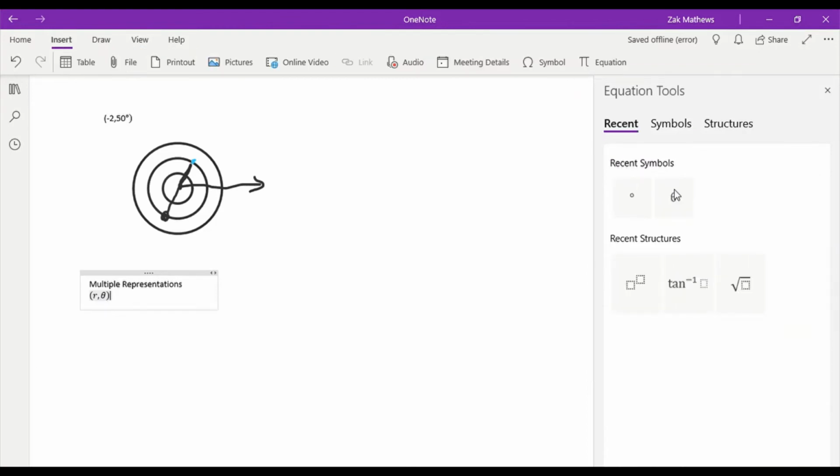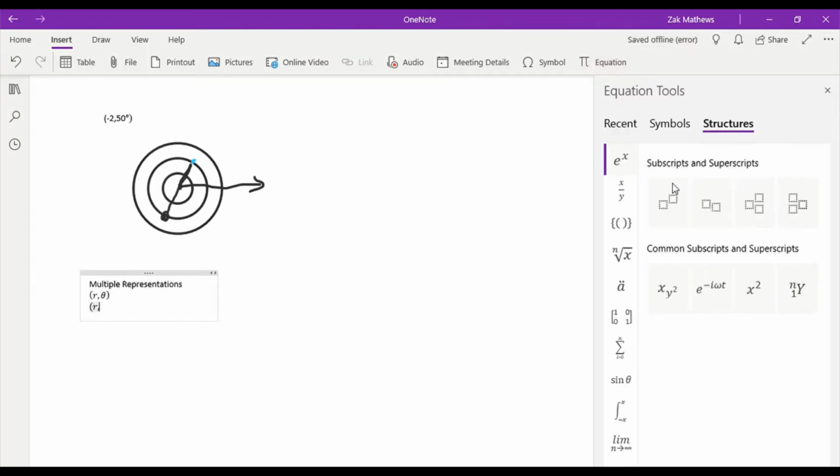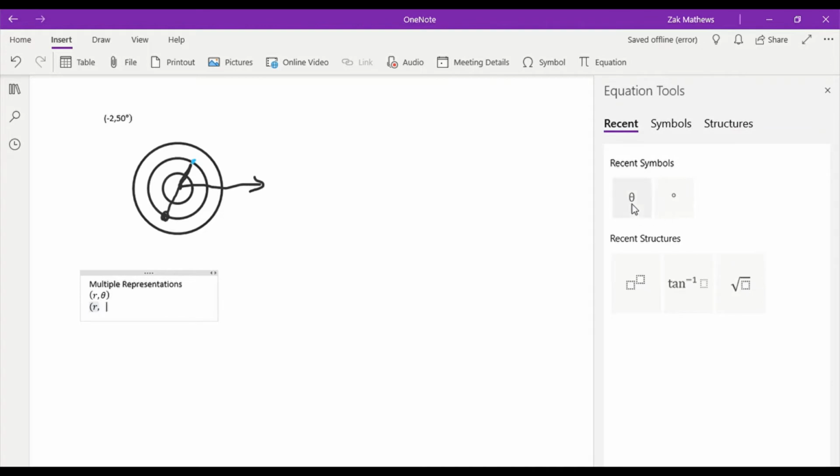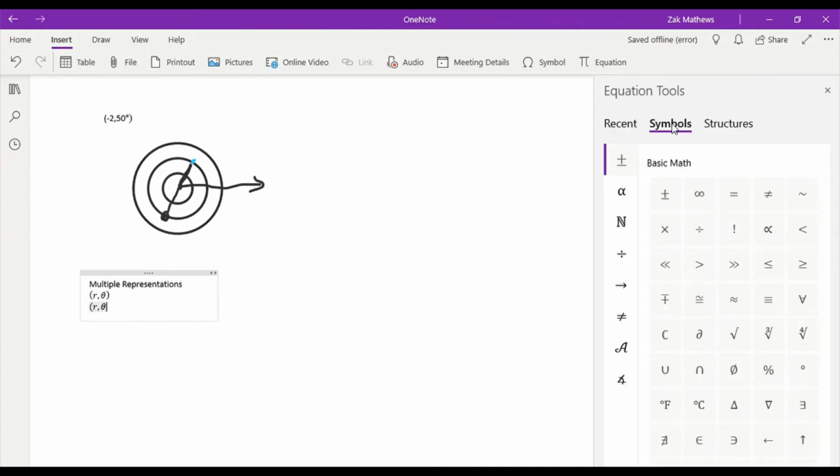Well, we can write that r comma theta in multiple ways. For one, we saw we can take that r and leave it the same, and we can change the angle using our coterminal angles. So we can add or subtract 360 degrees, and we'll always get back to the same point, and that's not a problem.